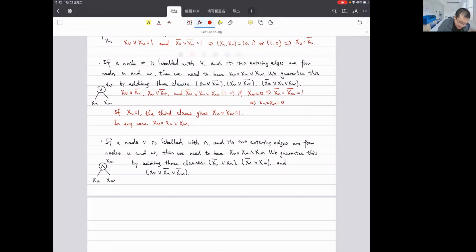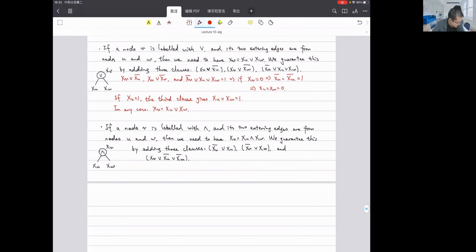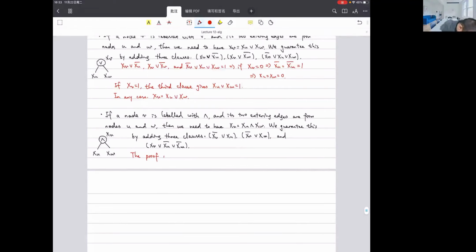So we clearly see that this is just a direct negation of all the clauses that we use for the OR case. And you can just check by yourself that as long as all of these three clauses are equal to 1, they are going to promise that XV equals XU and XW here. So this is very similar to the OR case, and I guess you can check this by yourself.